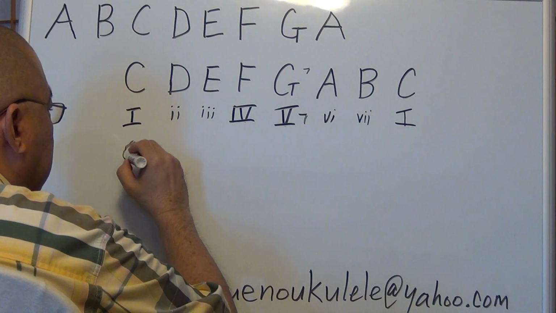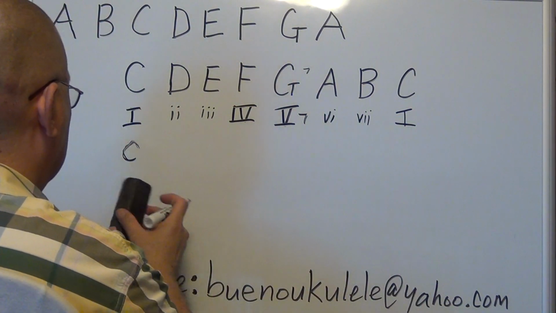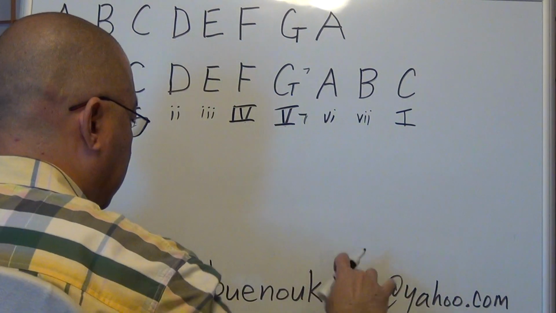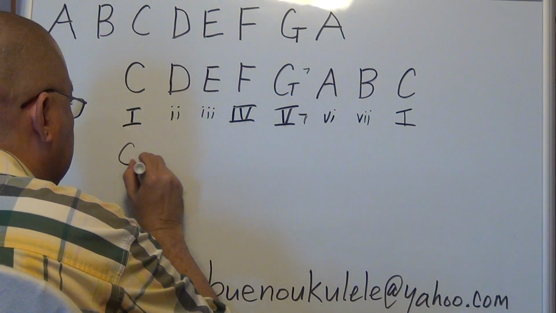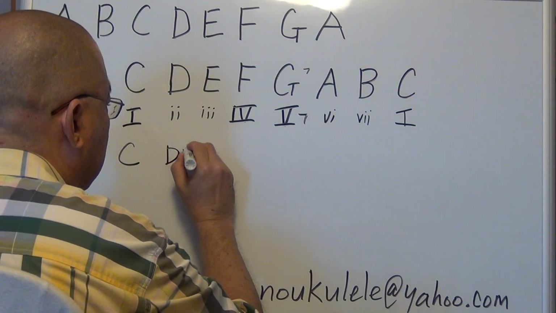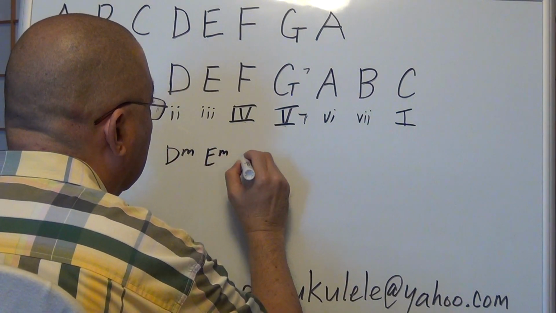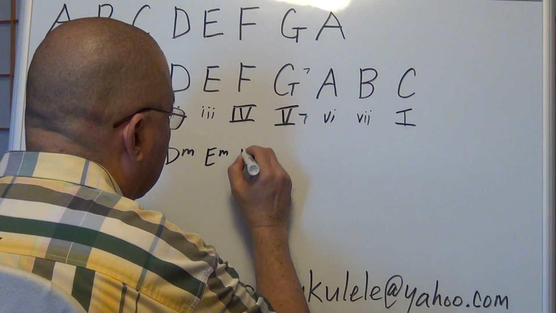So you got this. You got a key C. You got a C chord. You got a D minor chord. You got an E minor chord. You got a 4 chord.